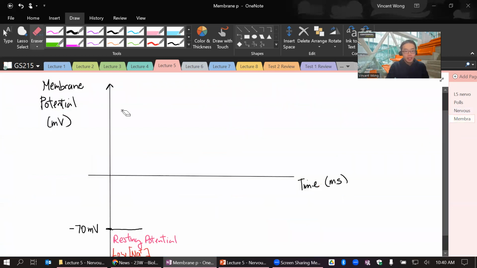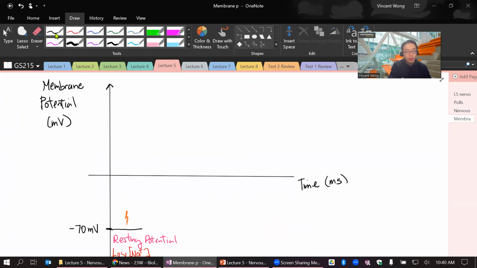All right. Lightning bolt. Stimulus arrives, and it will push the membrane potential towards -60, right? How that happens, I will show you in a second. Just trust me, it's going to push it towards -60. So that -60 right here, that is our threshold potential.